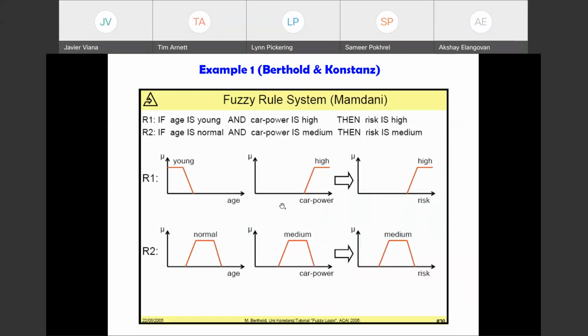Well, that makes sense. It definitely makes sense that if you give a teenager a high-powered car, the risk of them doing something bad is relatively high compared to other people. You can also have another rule that says if age is normal and car power is medium, then risk is medium.